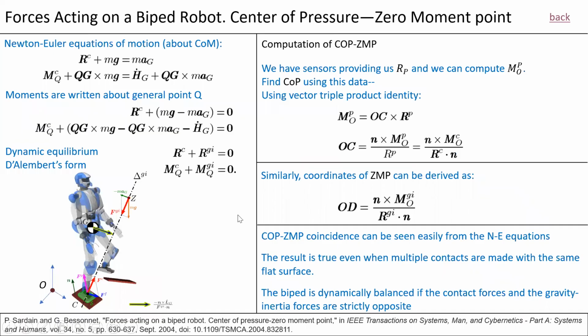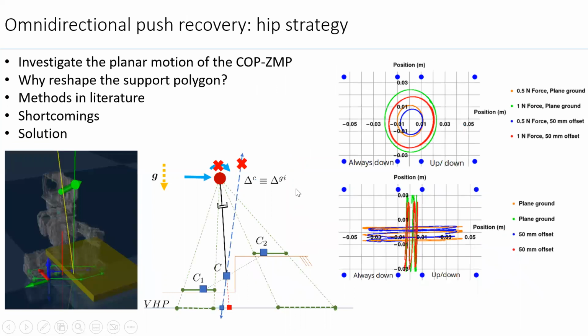However, to define stability margin, we probably need to project things to 2D and come up with a consistent measure.